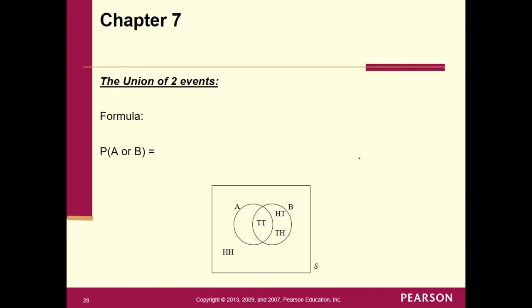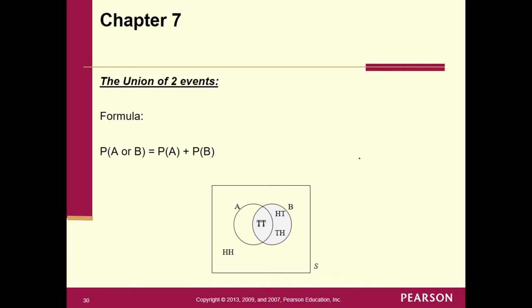The Venn diagram is going to help us understand why the formula is what it is. So here's the probability of A or B. If we start with the probability of A and we add it to the probability of B, what has been counted twice essentially? So here's A, here's B. What's been counted twice?